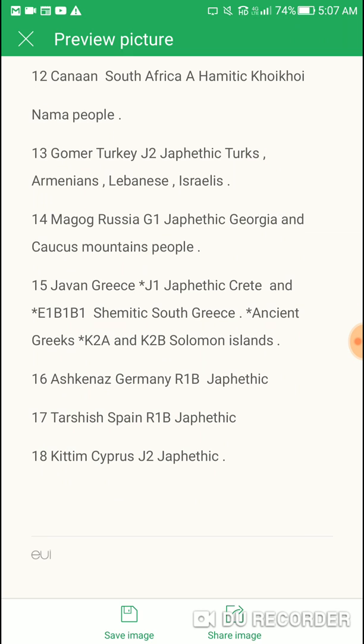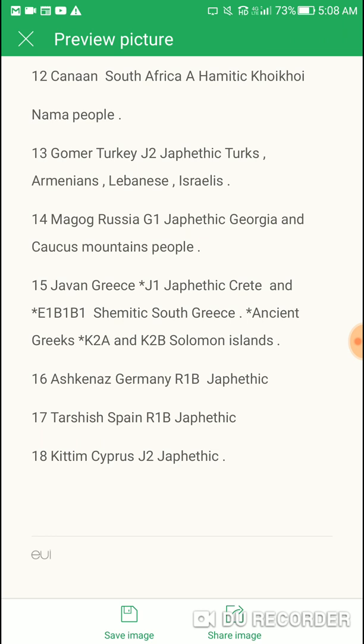And now the Turkey. So with Turkey, I just basically put the Turks, the Armenians, the Lebanese, the Israeli. All those people are the same people. Even the Palestinian people. The Palestinian people, interesting enough, they have some pockets just like the Yemen people.